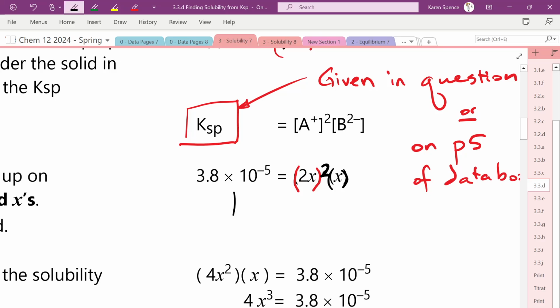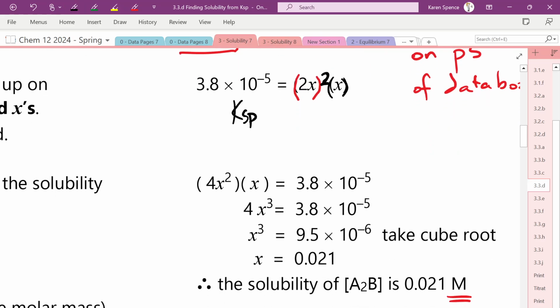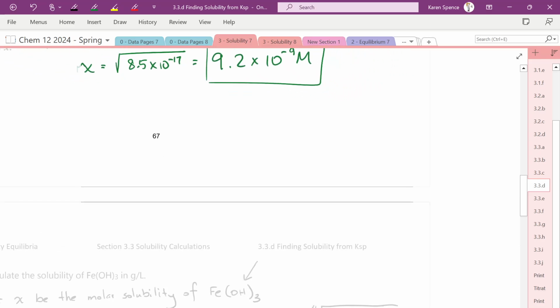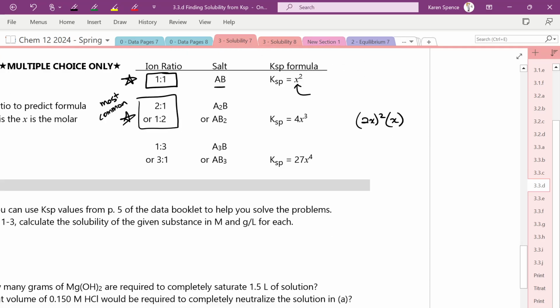So I now have KSP is equal to 2x squared times x. That's going to equal 4x squared times x, which is 4x cubed, which is equal to the KSP. Okay? It's good to just throw those into your memory, so you don't have to think about it very hard. For a multiple choice question, it just makes your life easy.